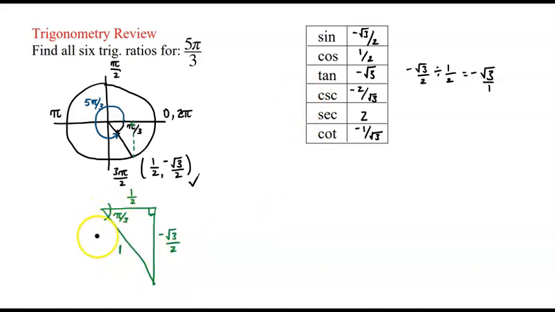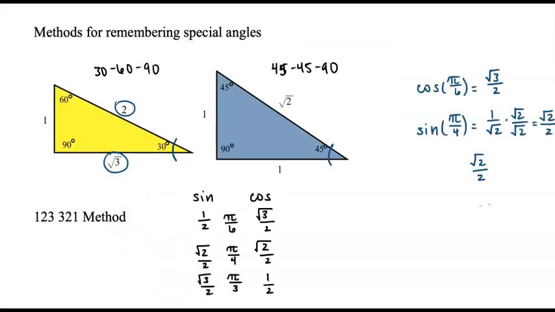Let's take, for example, the cosine of pi over 3. If I wanted to draw a special triangle and I'm taking the cosine of pi over 3, then I'm looking at the cosine of 60, which is the adjacent over the hypotenuse. So this gives us 1/2 as well. Using this 1, 2, 3, 3, 2, 1 method, that's a little more simple.